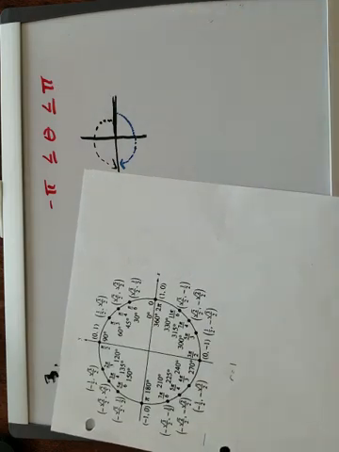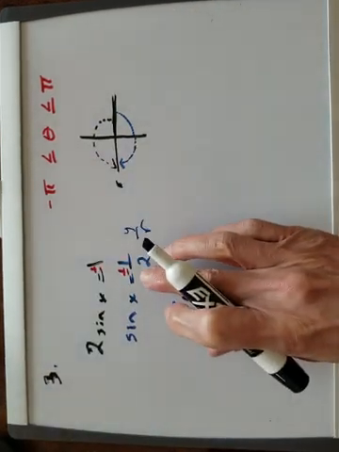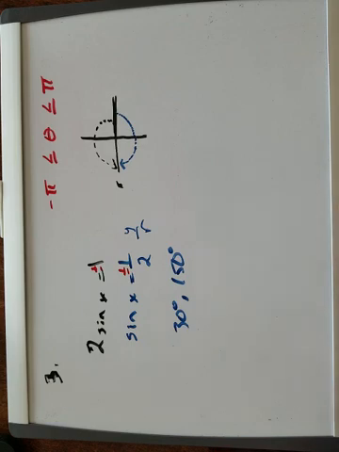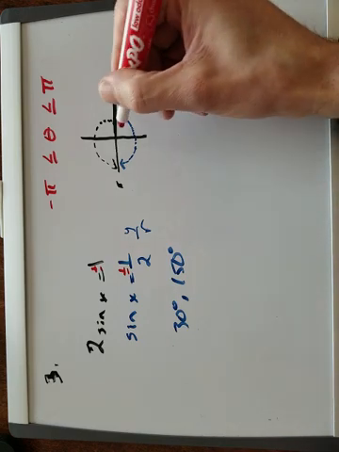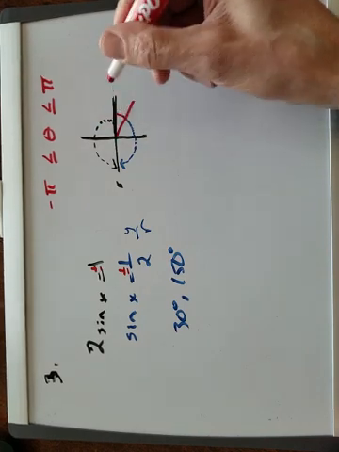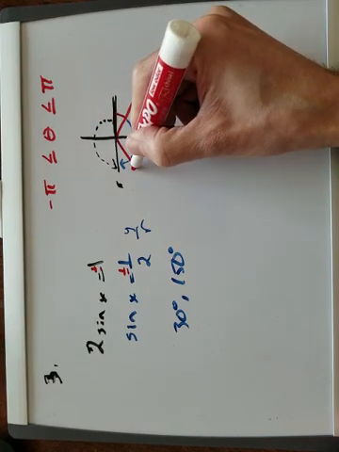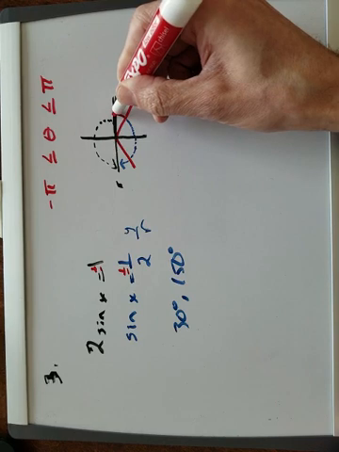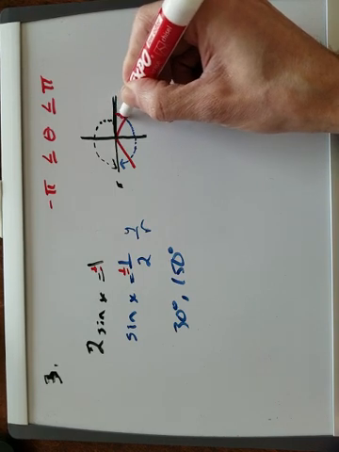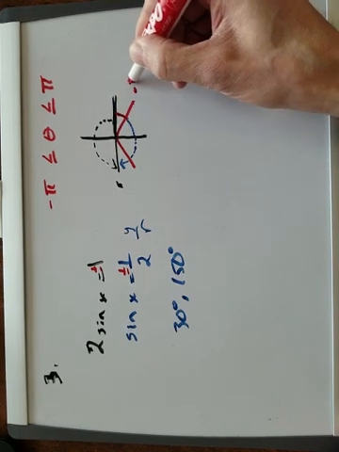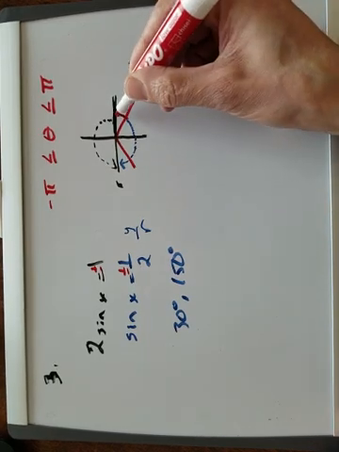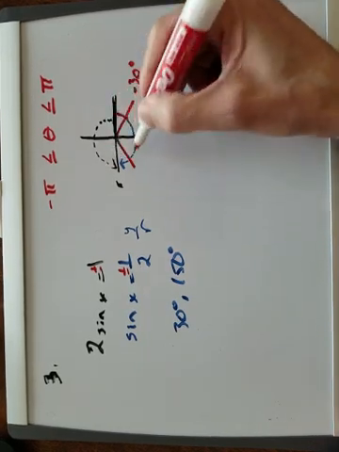But we can go backwards. If this was actually the question, we could go backwards and we could end ourselves right here. That would work. And we could end ourselves right here as well. That would work. Now, how do you say this angle? Yes, I know in the unit circle right here it says 330, but this would be negative 30 degrees if you were working backwards, not forward.